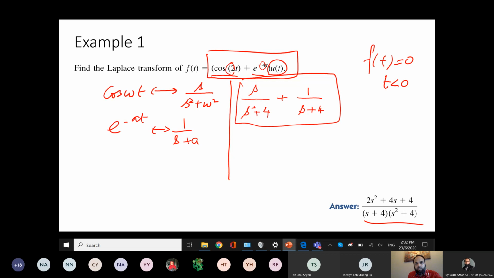Nothing else. If there is just u of t, then we look at that it is starting at t equal to 0. Okay, sir. Is it okay? Yeah, okay, sir.